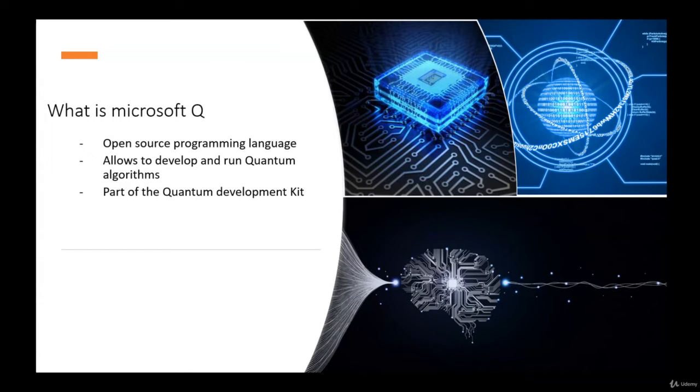This kit includes plenty of interesting elements, such as quantum simulators, API documentation, Q libraries, or even extensions for other programming environments. Not only that, the Quantum Development Kit has other types of libraries, such as machine learning libraries, numerical libraries, or even chemistry libraries.